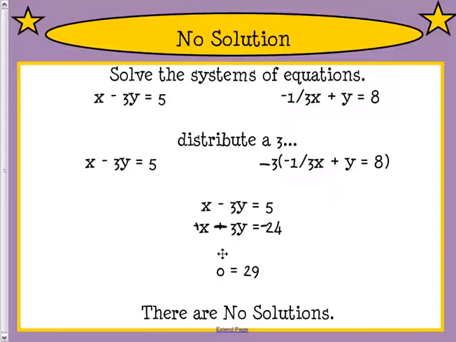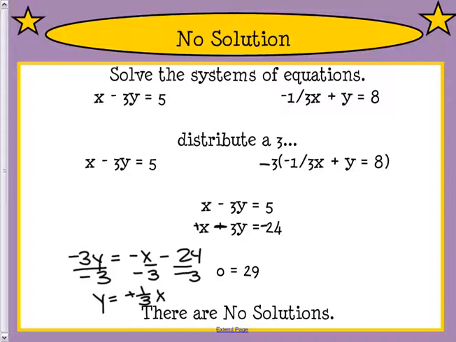-24. Okay, if I look at this, and I know that if I move my x onto the other side, this would be -3y equals -x minus 24. Divide everything by -3. So we get y equals positive 1/3 x plus 8.